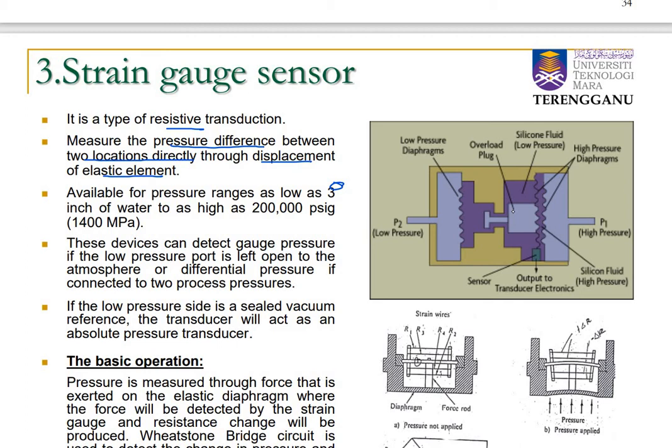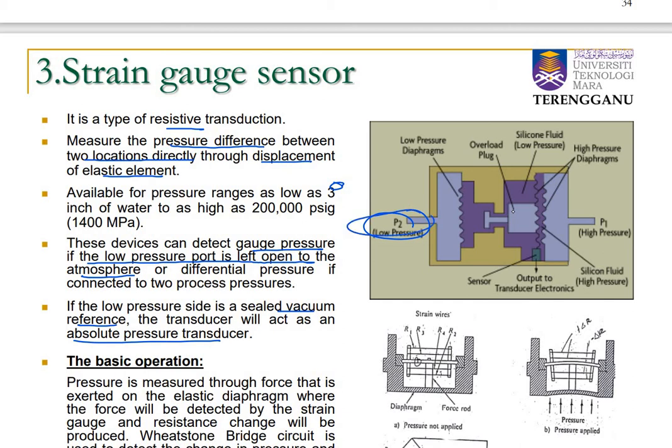So this device also can detect gauge pressure if the low pressure port is left open to the atmosphere. So if it is open to atmosphere, we can detect the gauge pressure. If the low pressure side is a sealed vacuum reference, the transducer will act as an absolute pressure transducer.